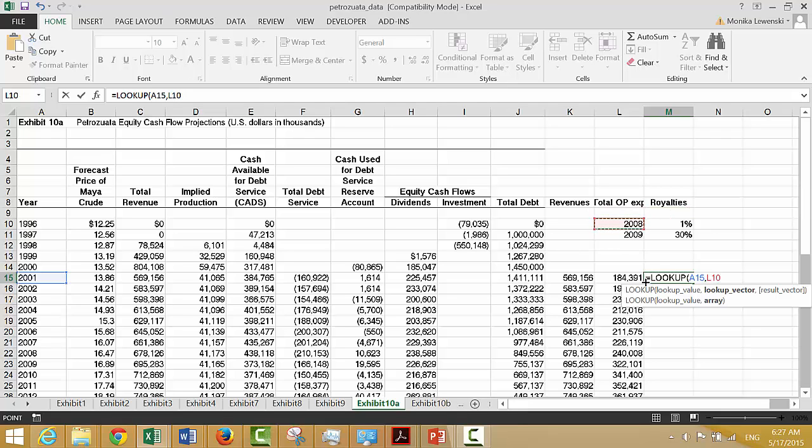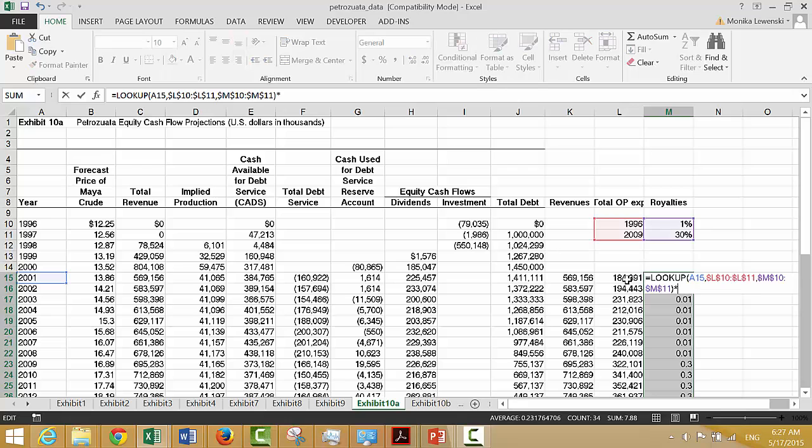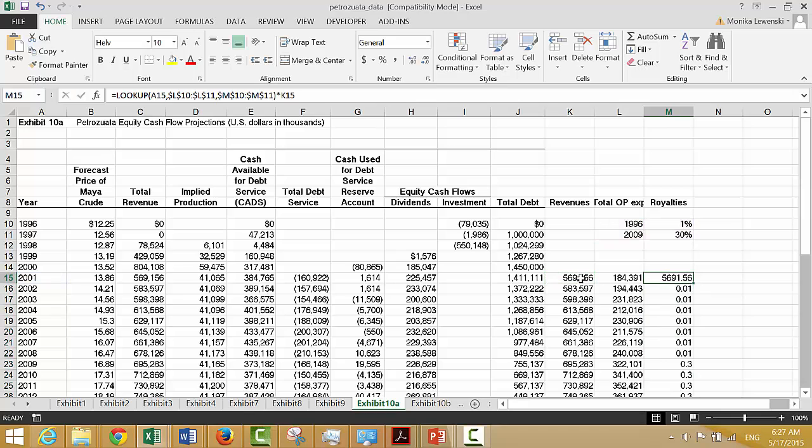First, select these two, F4, select these two. How about we put a low royalty rate, a high one, multiply that by revenues. Alt H.